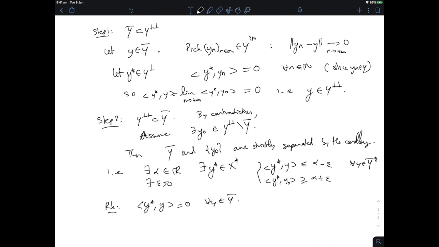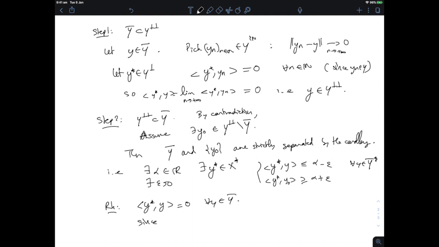That's because y bar is a subspace. So let's see why that is. You cannot have an inequality like this, some bound on y star y for all y in a subspace, because you can have vectors of arbitrarily large norm in a subspace. That's the idea. So how can we see that?